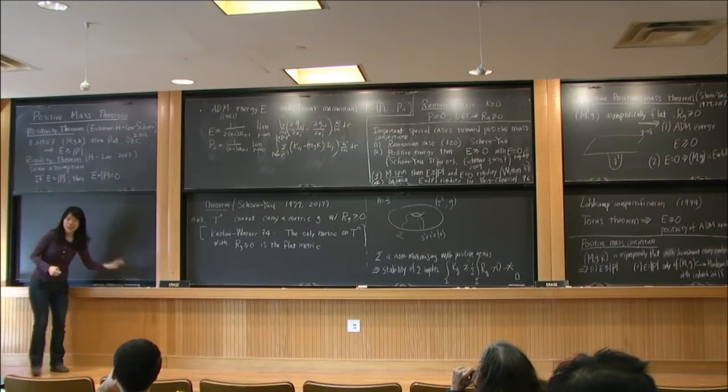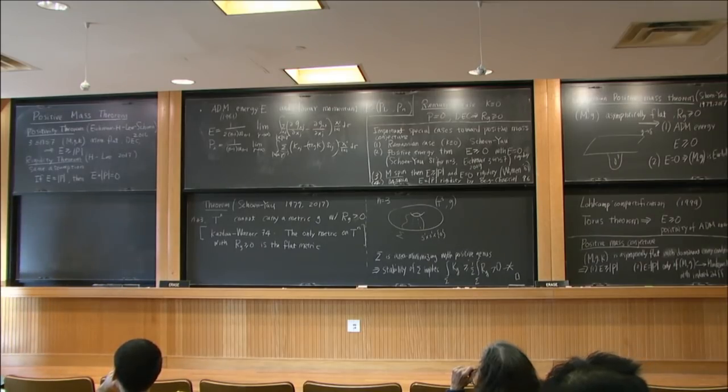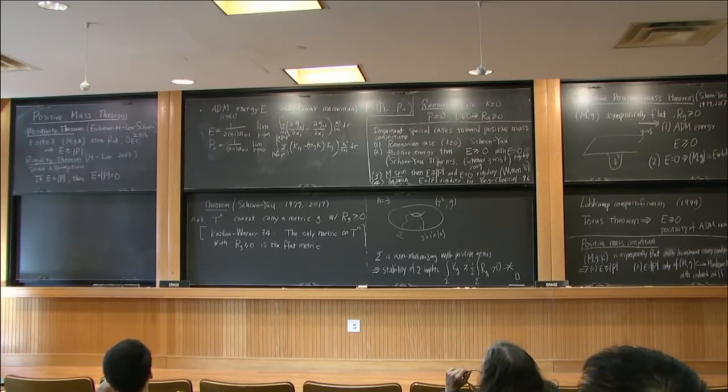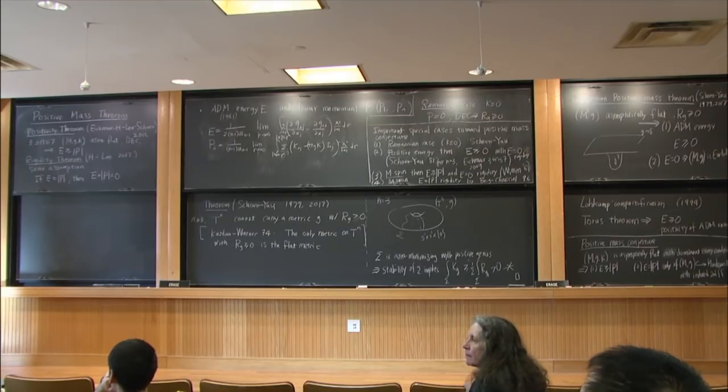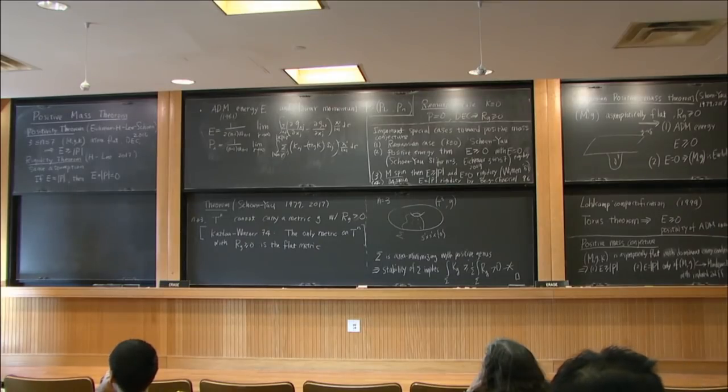So I think I will pause a little bit for any questions, because I think I just threw a lot of definitions at you. If there's anything unclear, just ask. So this is like a hypersurface proof? A hypersurface proof, so we don't assume it's inside any spacetime. Yes, right. So it will be along the same idea, using the extension of the minimal surface approach in this setting.